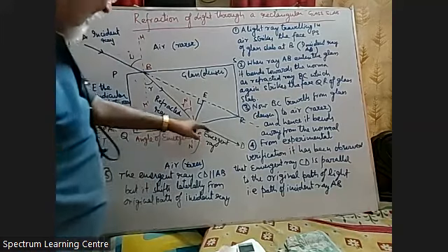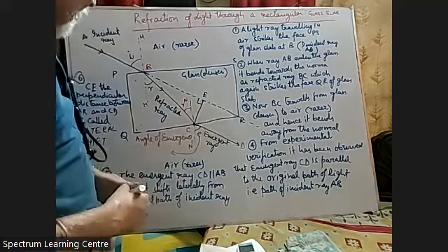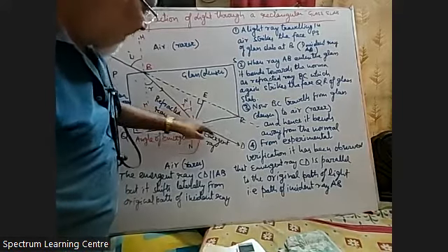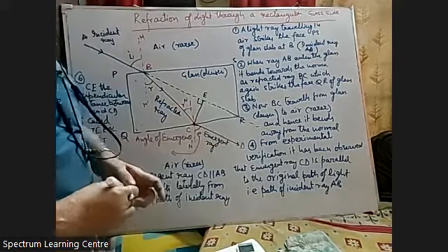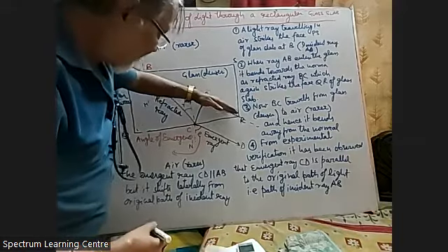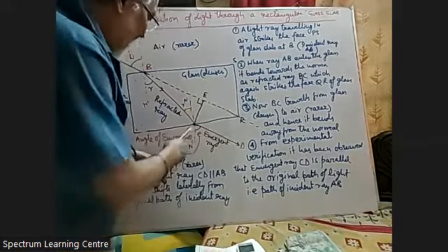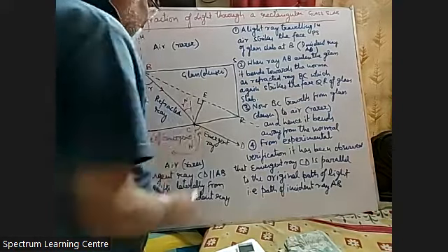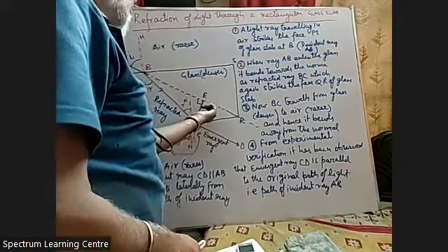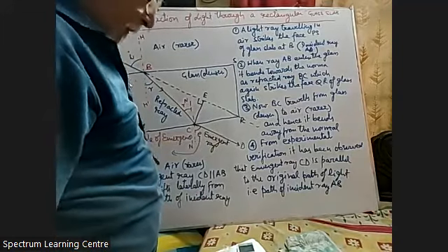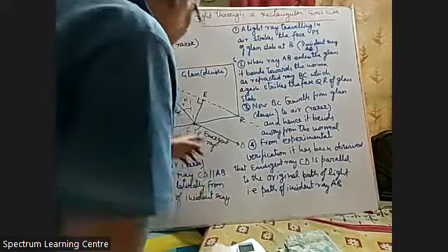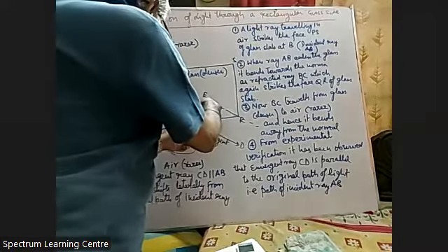Right? Now it has been experimentally found that the original path of light is parallel to the emergent path of the light, but it is shifted a bit. So if I find the perpendicular distance between the two lines, that is known as lateral shift. The point C, CE, this distance is known as lateral shift.